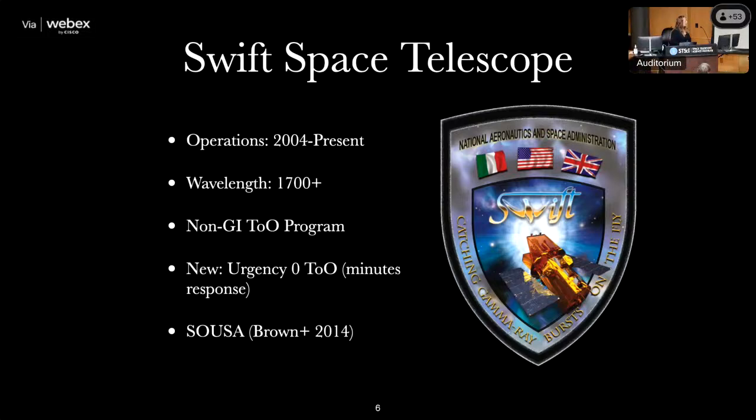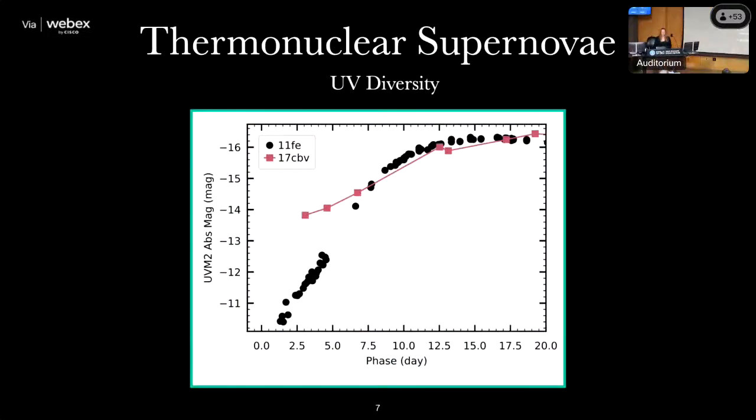And then I also want to highlight 2 things. One is the new Urgency 0 TOO, which gives a minute's response time. I think this is going to change even those rapid responses to even more quickly. And then the SUSS archive, which has already been called out, Peter Brown and his team have put together not just images, but light curves of all of these different supernovae that you can go directly to.